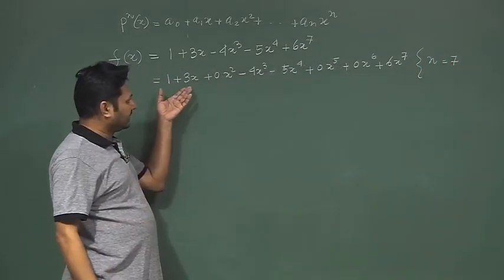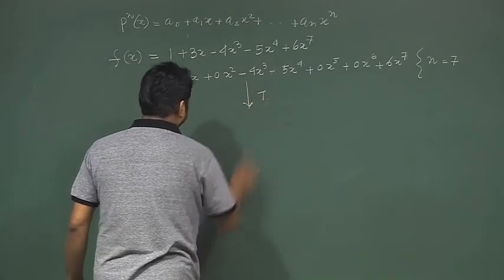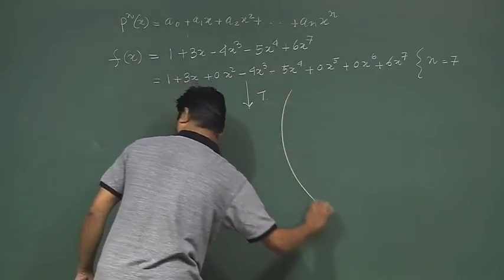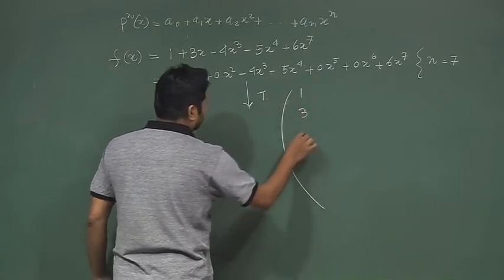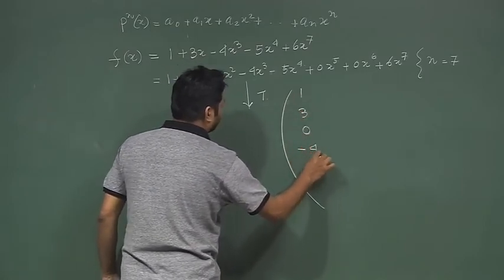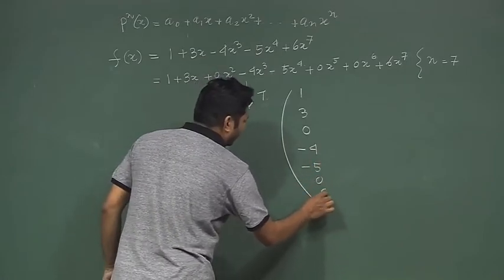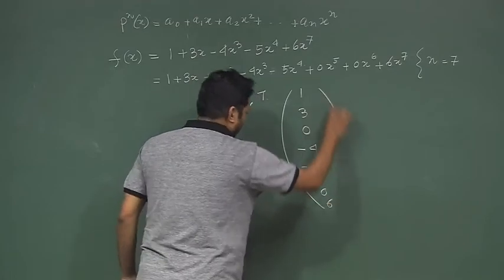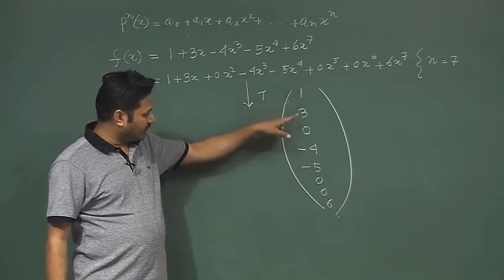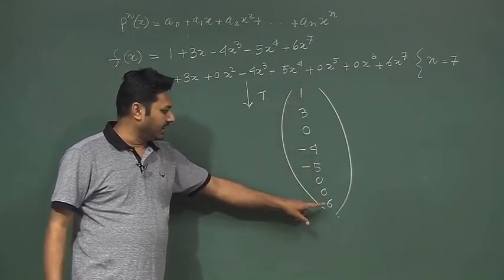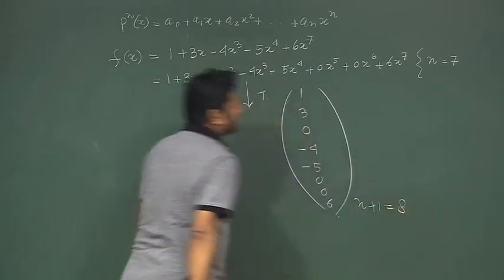With the mapping T I can form a vector of this form: 1, 3, 0, minus 4, minus 5, 0, 0, 6. This will be my corresponding vector, quite simple. If you count the dimension, 1 2 3 4 5 6 7 8, it is n plus 1, which is 8.